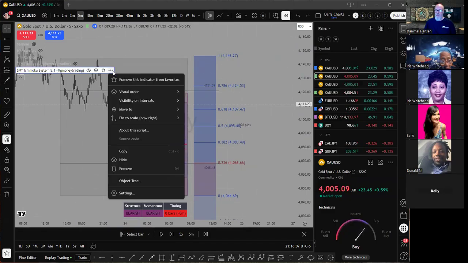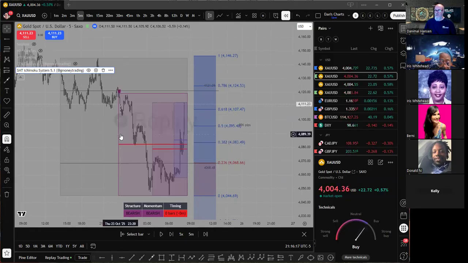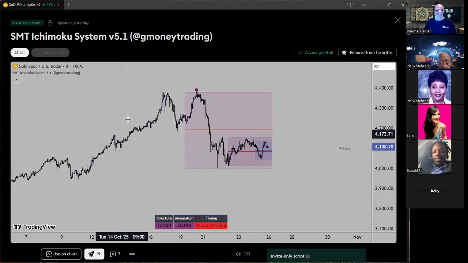So if you hit the three dots at the end of this information here, and it doesn't have an update and doesn't say 5.1 on the indicator, then you can remove it from your favorites and then re-add it and restart your program and it'll be up to date. You have to redo everything.